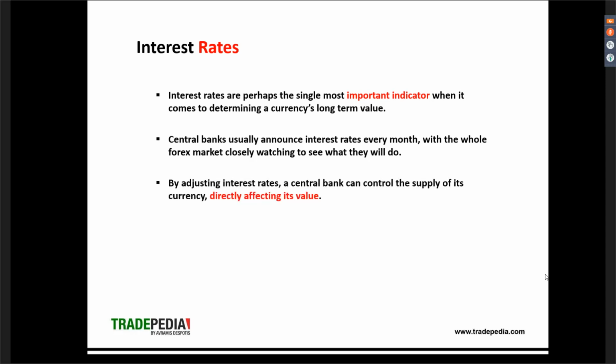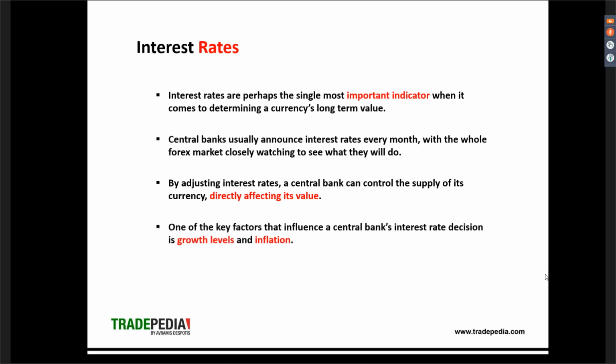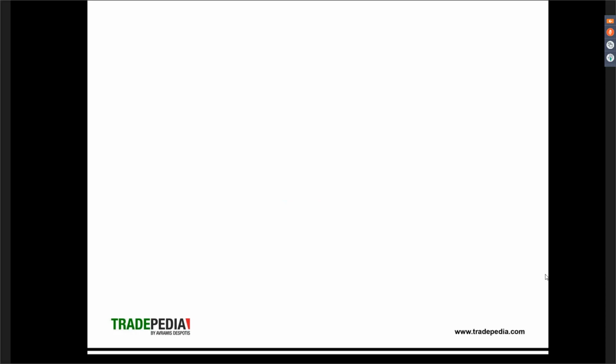By adjusting interest rates, a central bank can control the supply of its currency, directly affecting its value. Now, one of the key factors that influence a central bank's interest rate decisions are growth levels and inflation. But before we get to those, let us better understand how interest rates affect the economy.